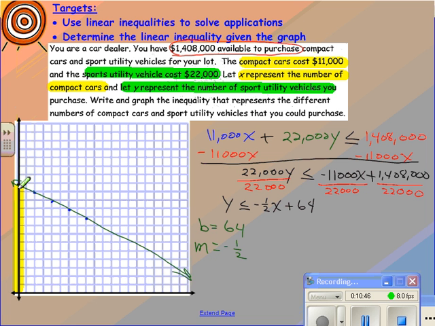So I'm going below the y-intercept, and I'm just going to keep shading everything in above here. And I'll just shade in this entire thing till I have what I need. Okay, so that would be the solution set for the amount of cars and sports utility vehicles we got.